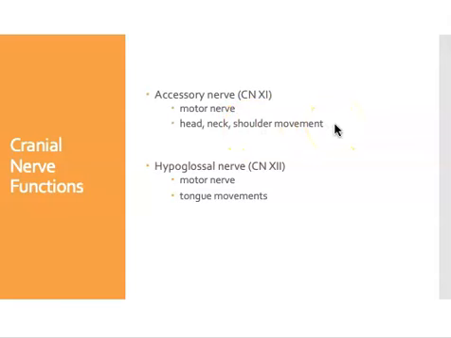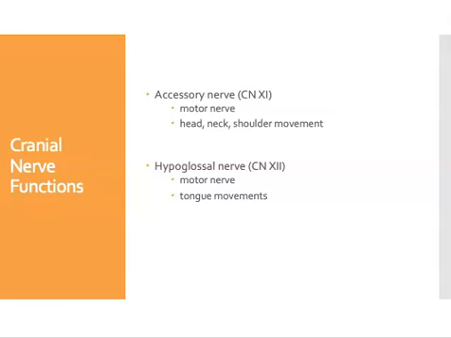A little trick that I use to remember the accessory nerve, I think about what accessories are in terms of things like earrings and necklaces and things like that. And we tend to wear our accessories around our head and our neck and our shoulders. If that's helpful at all to you, that might help you remember accessory nerve.